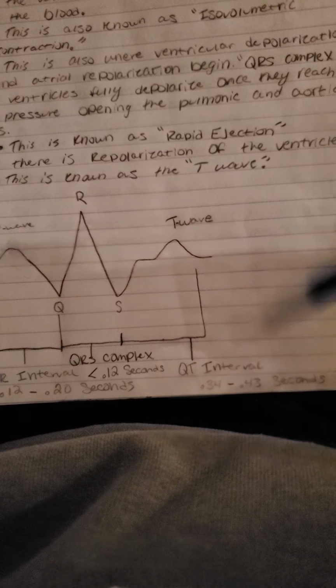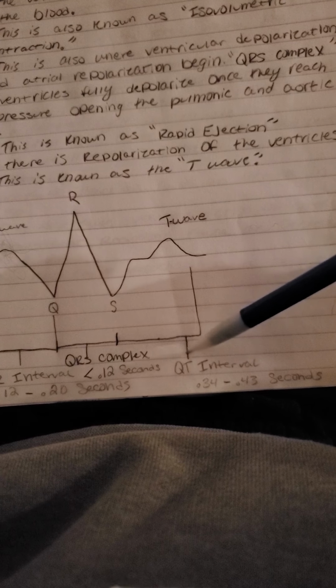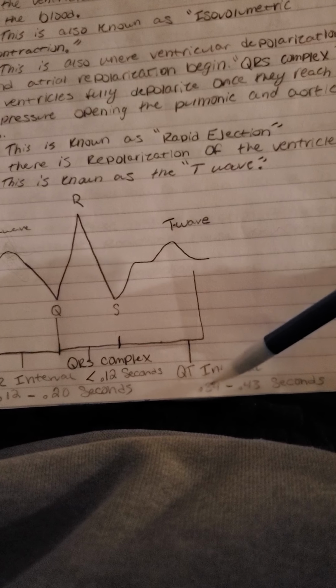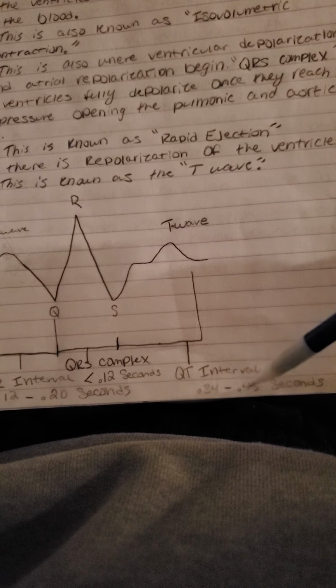And something easy to remember: if you can remember 0.43 or 0.34, you'll be able to get the other number because it's the reverse. So for your QT interval, you really only need to understand 0.43 or 0.34. You could even say QT is 0.43, and then you'll understand that the first part is 0.34 because they are just reverse numbers for this time elapsed.